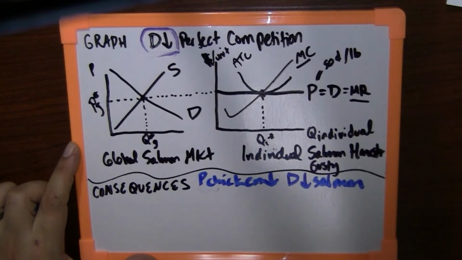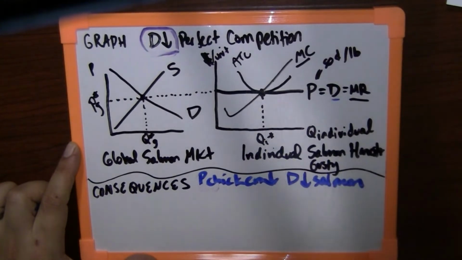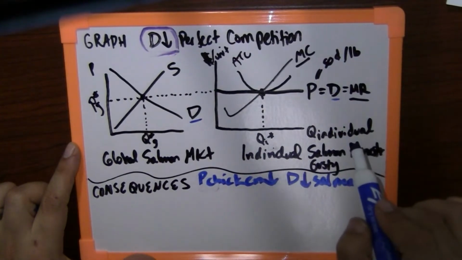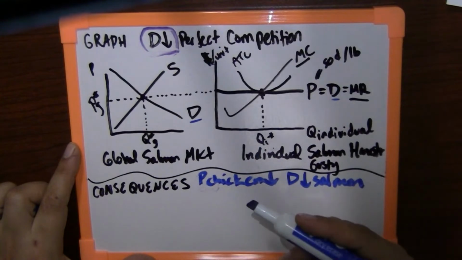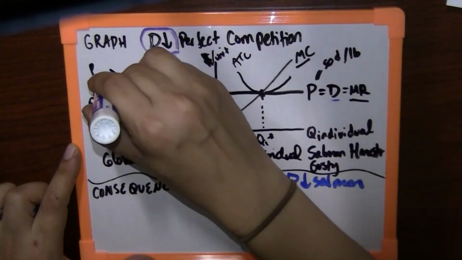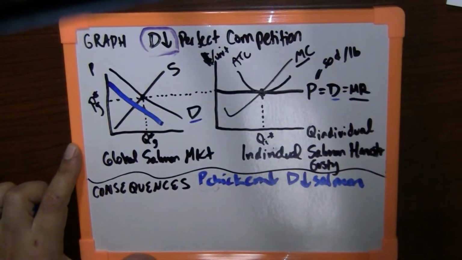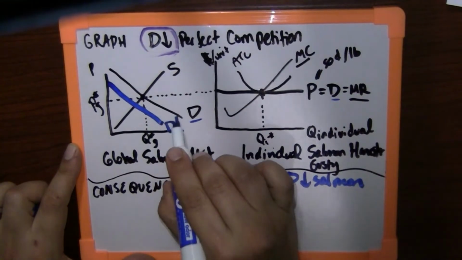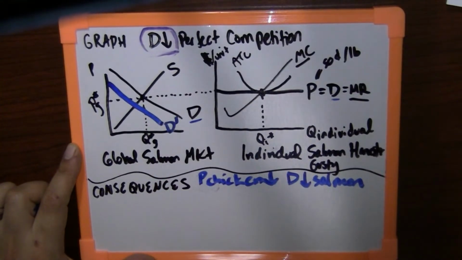Where do we see demand for salmon? Well, we see it here, but we also see it here. This is going to affect the global salmon market, not just Gusty. Gusty is going to be indirectly affected as a price taker. So the first thing you want to do is show demand shifting down. That's what happens when a substitute gets cheap, right? At every price, people want to buy less salmon.